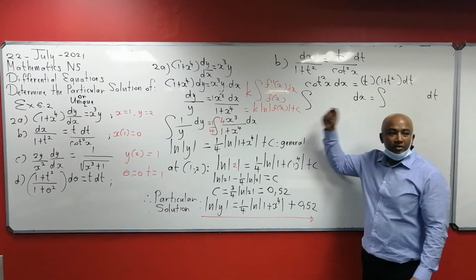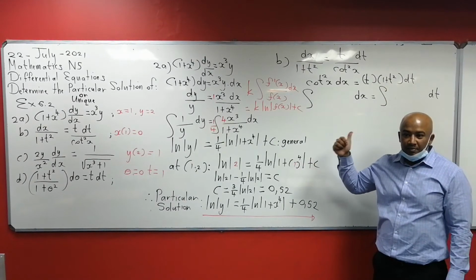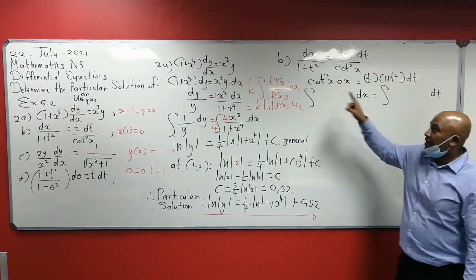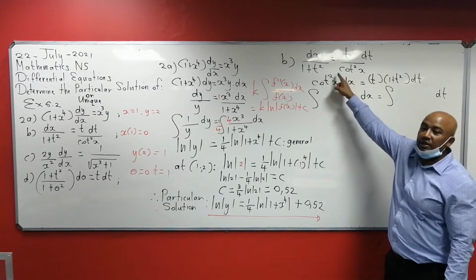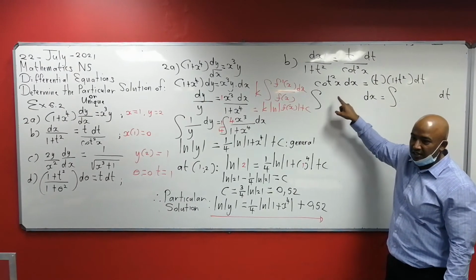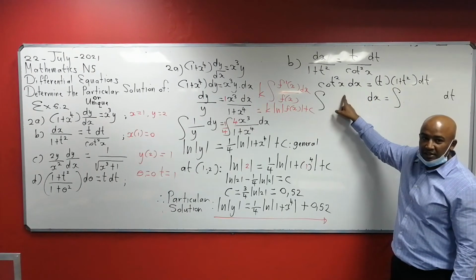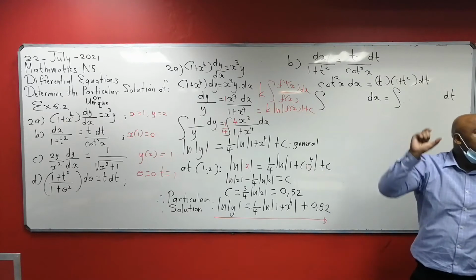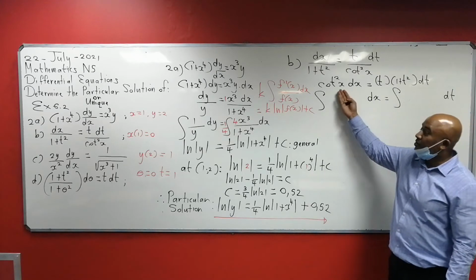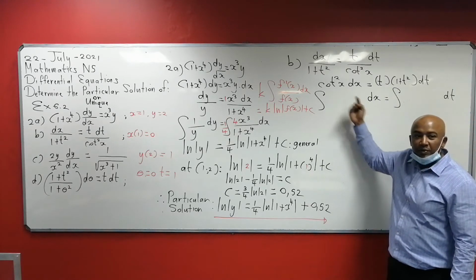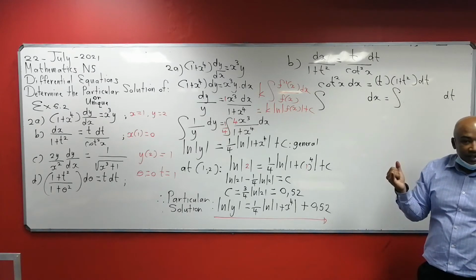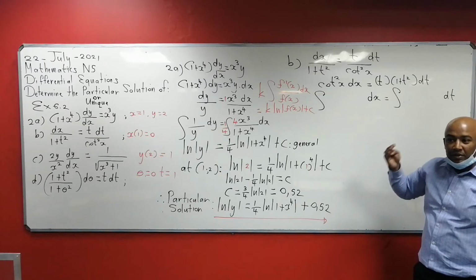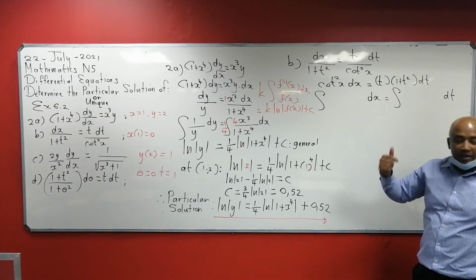The left hand side also needs to be simplified because there is nothing that you can differentiate that will give you cot squared. So this is not a standard integral. If it's not a standard integral, we need to use our square identities to change it into a form that we can integrate. So we are dealing with powers of tan and cot here. You go back to powers of tan and cot to refresh your memory.